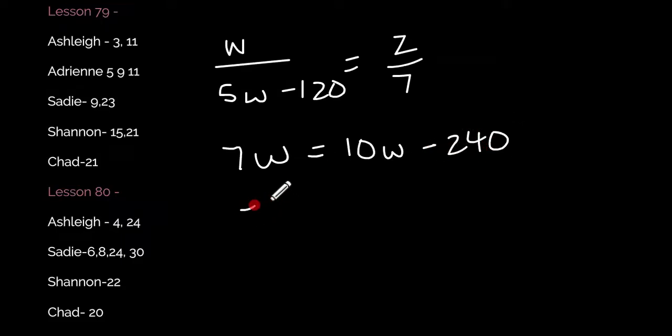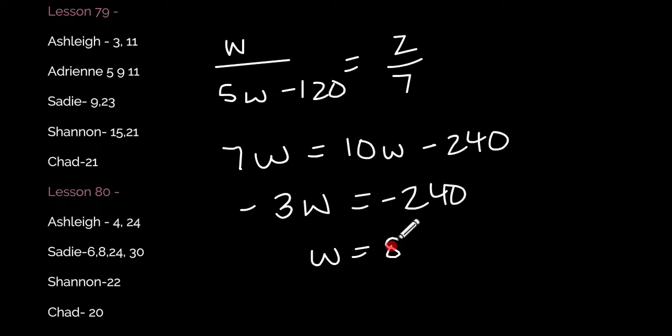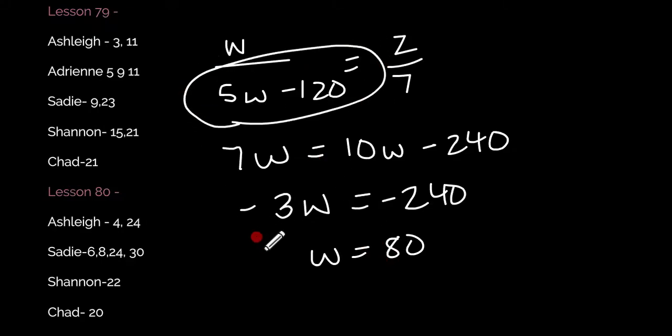And we just solve for W, so we get negative 3W equals negative 240, and W equals 80. And then we can figure out what the spears are by plugging it back into the equation that I erased, which is that one. And so we're going to get the number of spears, which is 280.